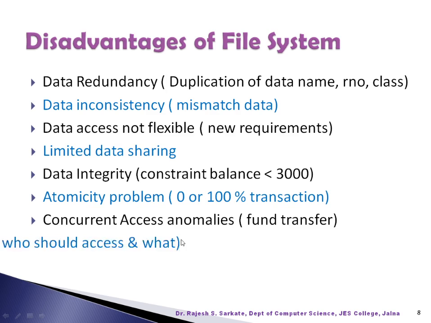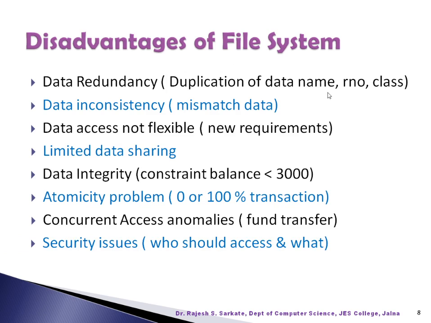So these issues are there with the traditional file system. And the last one is the security issue. In the file system we cannot put some kind of binding, or this security issue was handled very poorly. Security issue means that we cannot restrict the user from accessing the data.